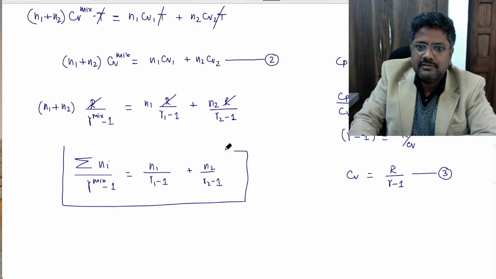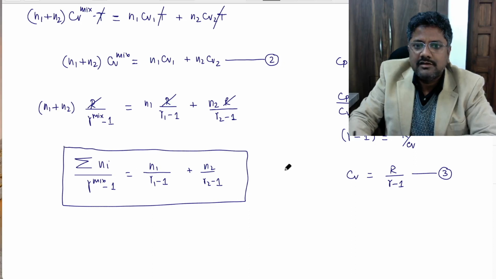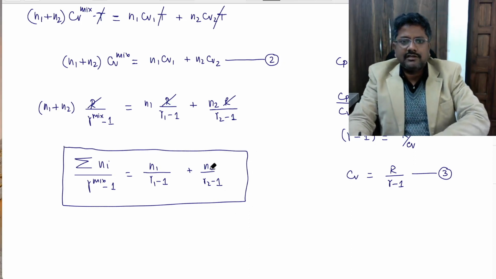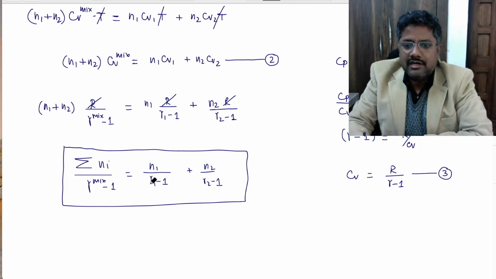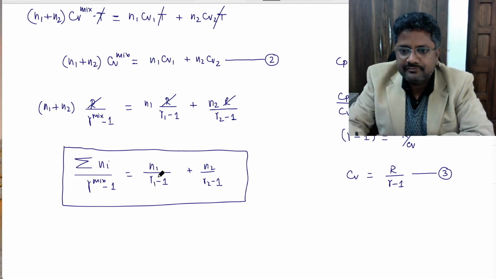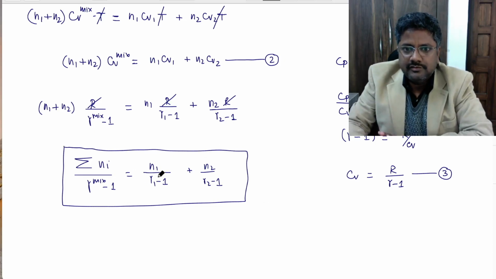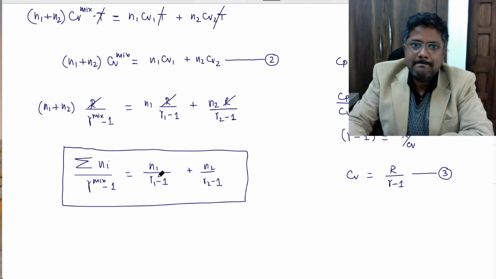So this is the formula through which you can calculate the gamma of the mixture. Clear? All of you are getting this formula?